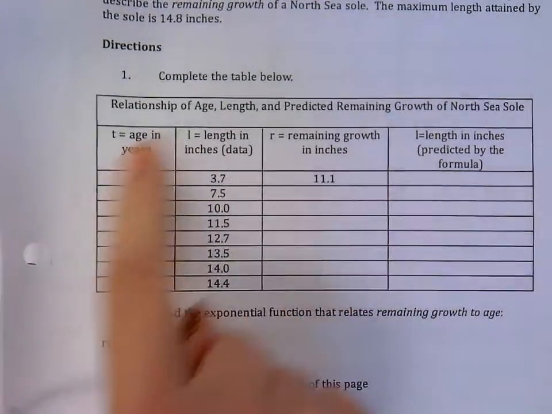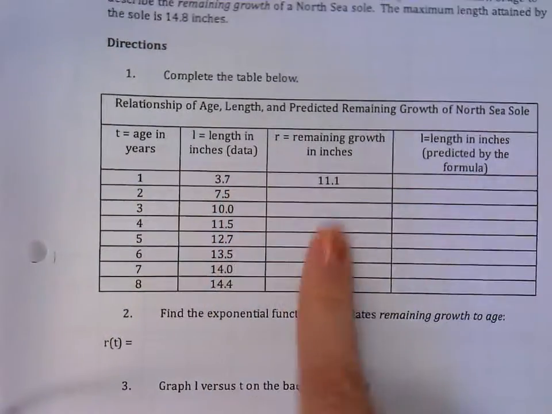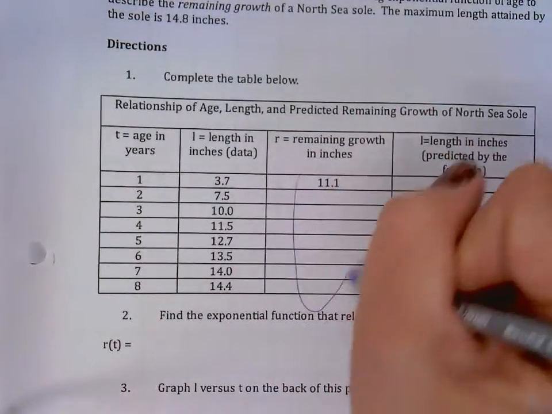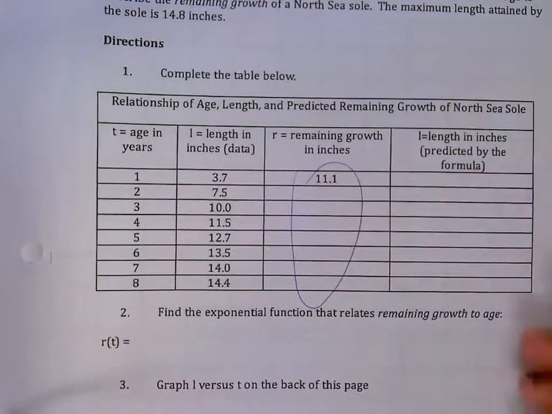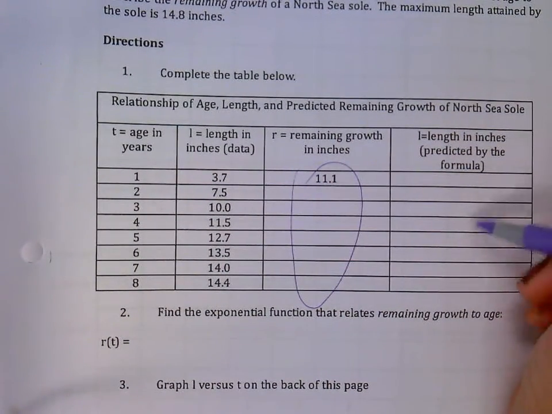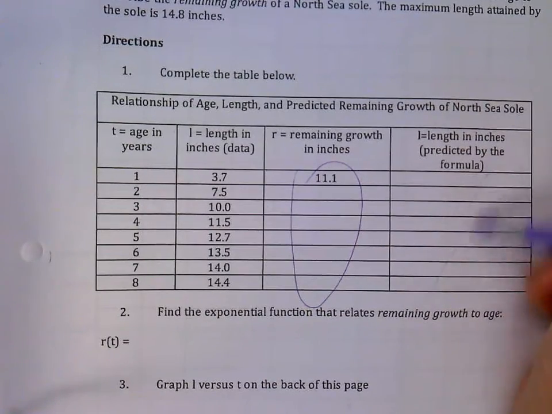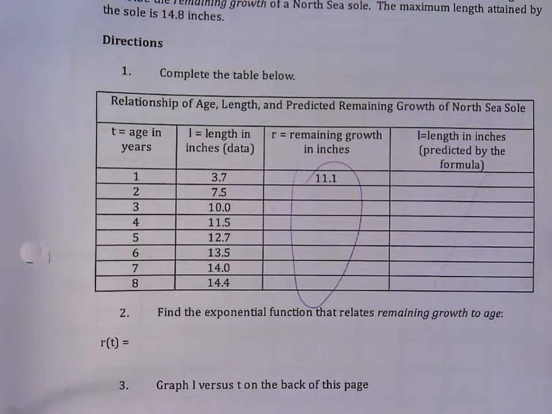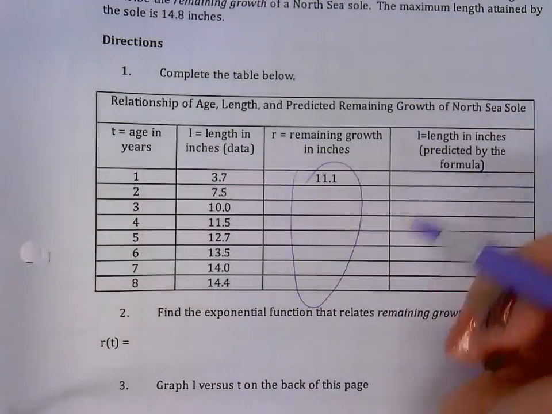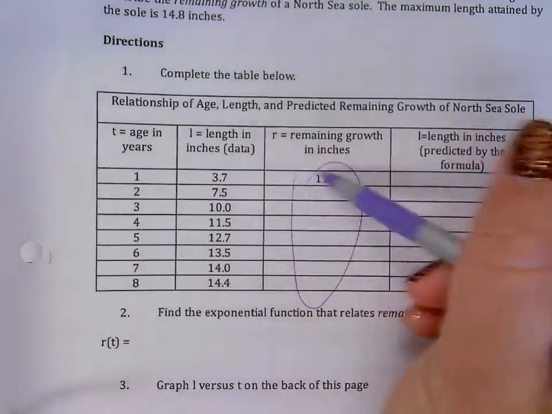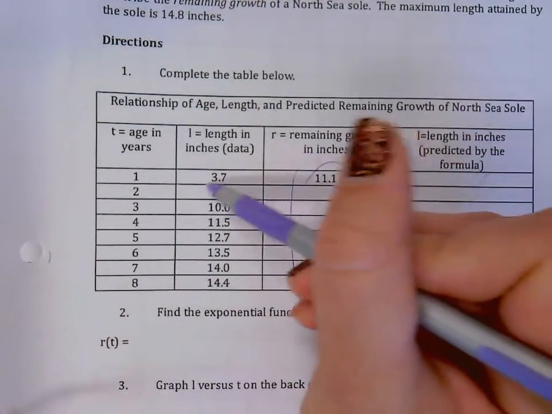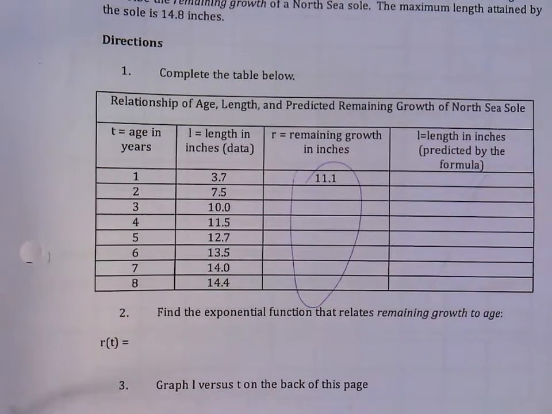And so they're using the age as a function of remaining growth. Our first step is to complete the table by filling in the remaining growth column. We're going to do this other column at the end, predicted by our formula, so don't fill anything in there first. If the sum has to be 14.8, you subtract the length from 14.8.